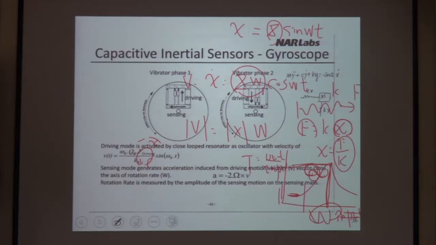So this is omega r. That's why we use omega r times the vibration amplitude, which is x times Q, the displacement amplification. Displacement times omega is the velocity amplitude.